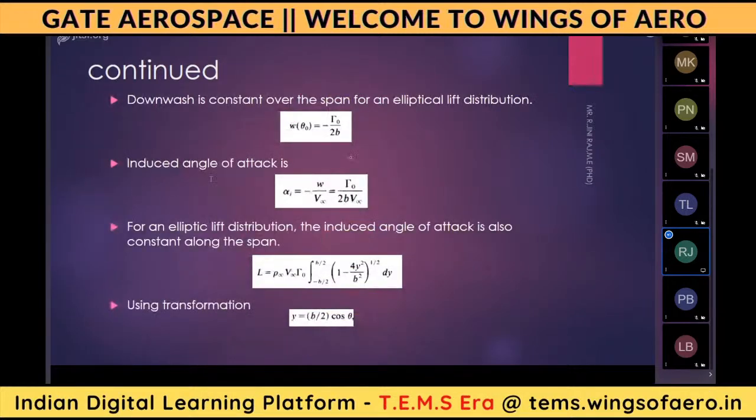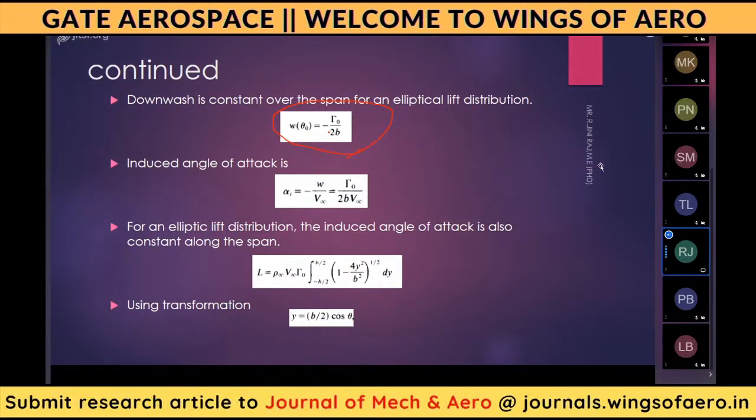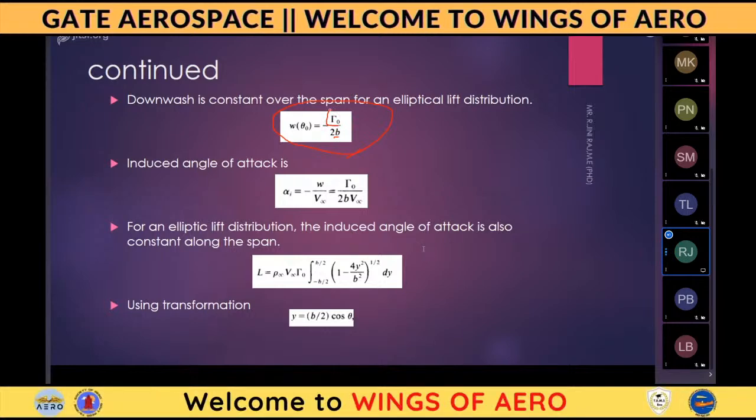So for an elliptical lift distribution, if we want to find the downwash, the formula is minus gamma naught divided by 2b. If you know the span of the wing and the circulation at the origin, we can easily calculate the downwash value.